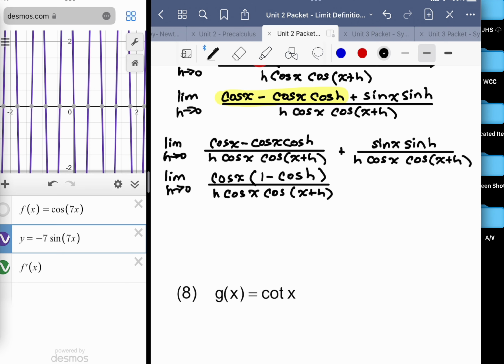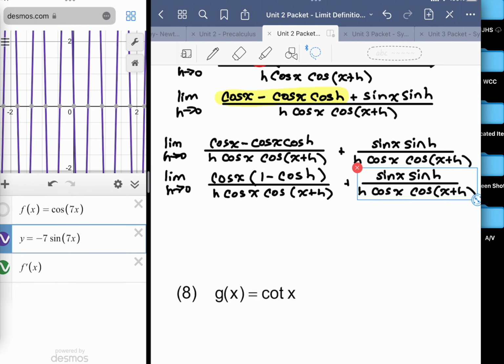And for the second piece, there isn't a common factor that could be pulled out, but there is something that we can do with it. And in fact, there's something further that we can do with both of them. I'm going to save that for the next step. So I'm just going to rewrite this one. So the cosine x's cancel.